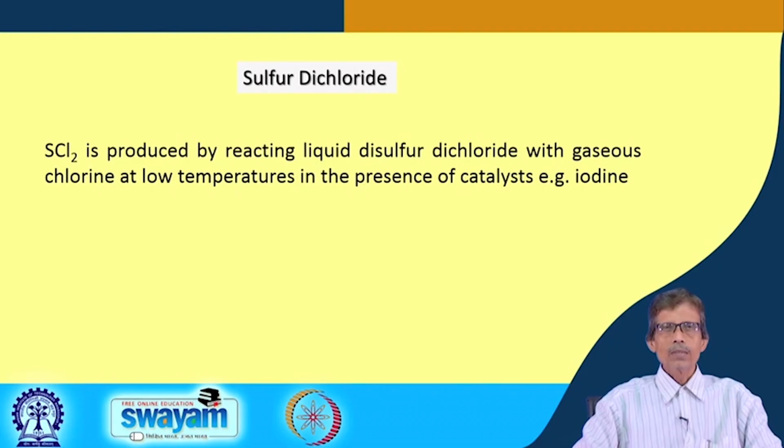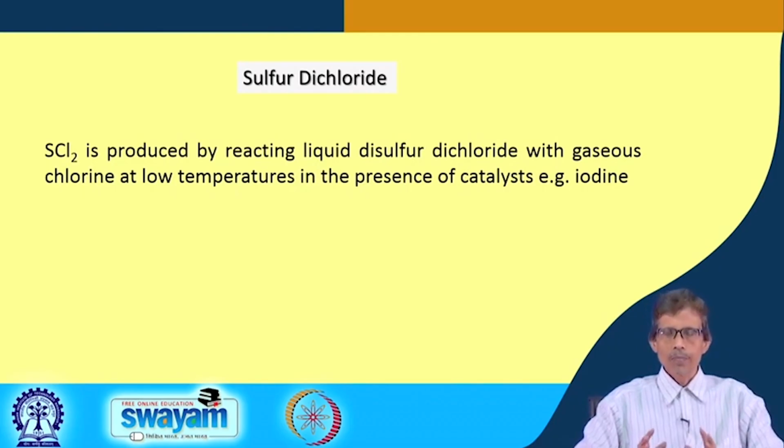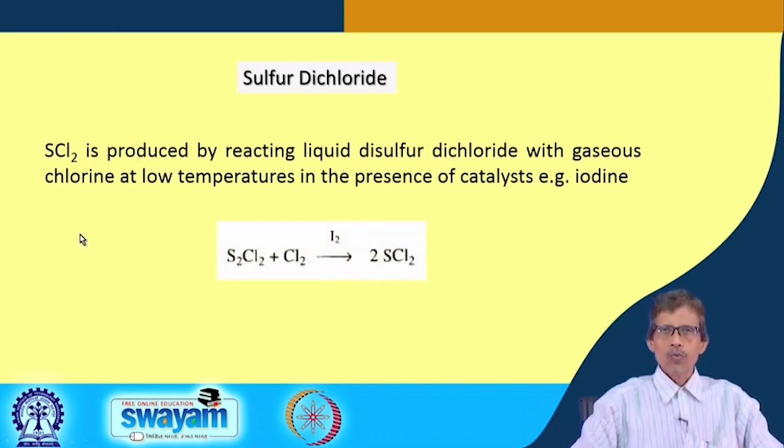We all know that where we convert SO2 to SO3, we have seen a particular type of metal oxide catalyst, which is vanadium pentoxide. Now, we will see that simple elemental iodine, I2, is useful for this particular conversion. So, we require the presence of that catalyst for the conversion of disulfur dichloride to sulfur dichloride.